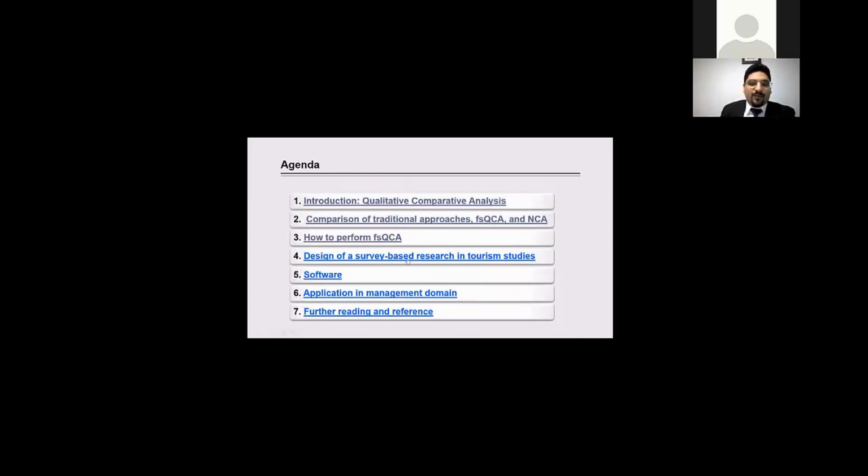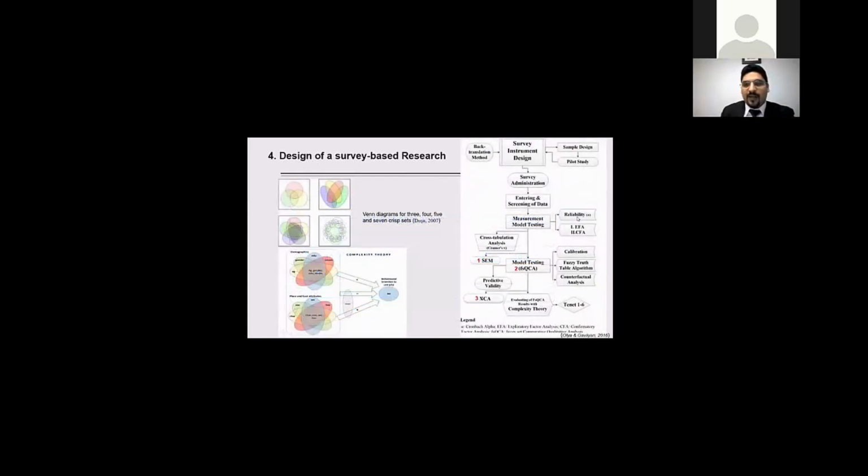In this section, I want to show a process of designing a research. Especially this slide is helpful for young researchers to know how they can design their research, what analysis they need to employ to come up with different results, and what different types of modeling they should apply in their research.